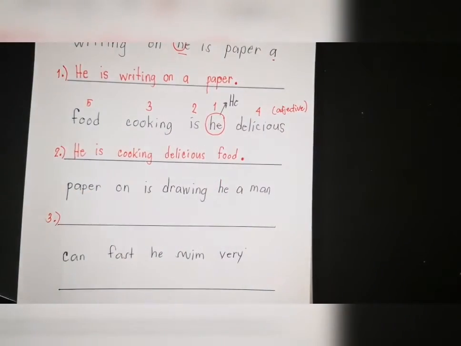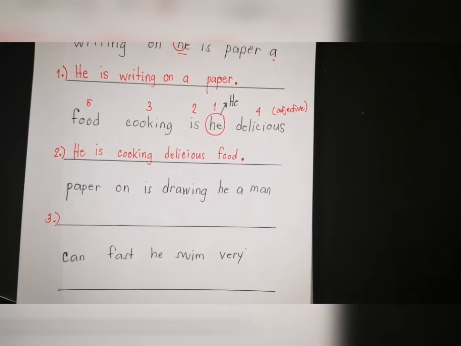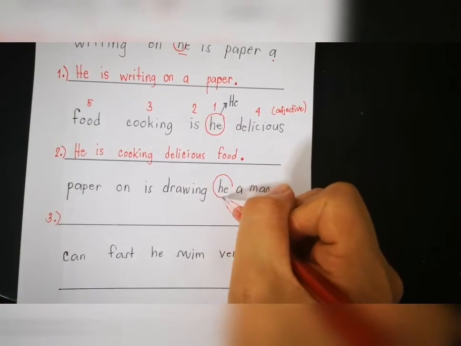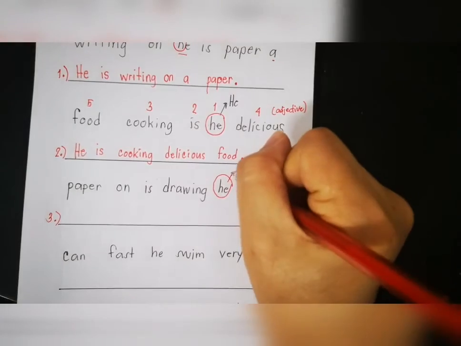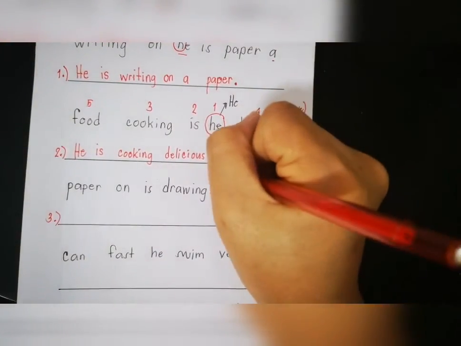So look at the picture in number 3. Is he a man or a woman? If it's a man, then here we have he again. So we change it to capital H. So this is for number 1.